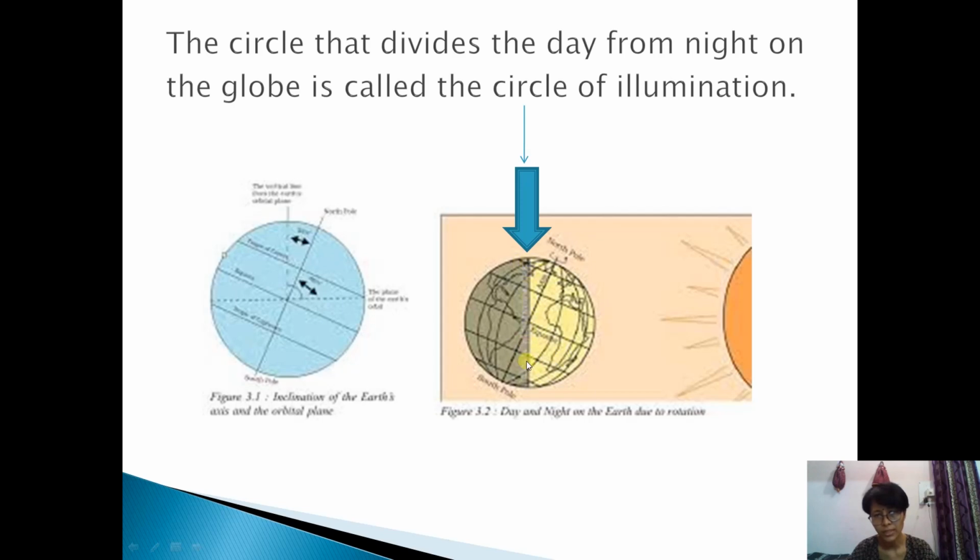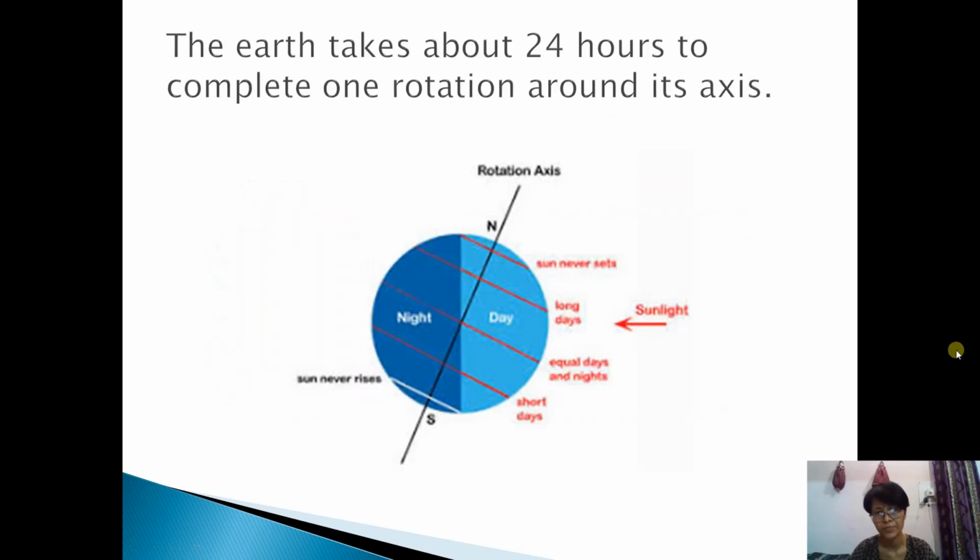This circle divides the earth into two equal halves, and the part facing the sun is day, while the opposite part, where sunlight is not there, is night. This circle divides day from night on the globe, and it is called the circle of illumination.